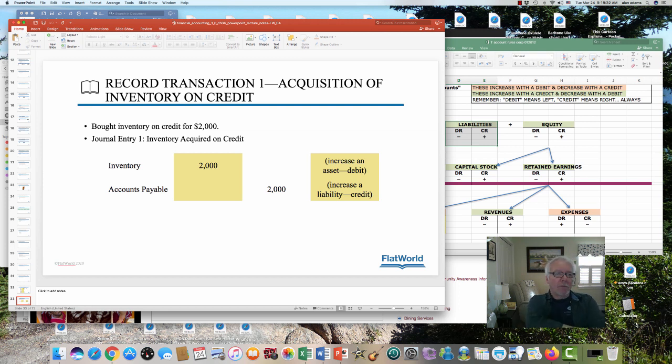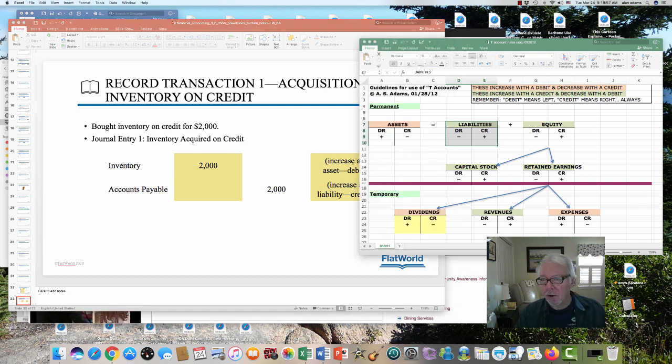So here's the first one. If you remember transaction 1, we bought inventory on credit. We know inventory increases. We know inventory is an asset, and asset accounts increase with the debit. Okay? So inventory goes up, and you can see over here, we increase an asset with the debit, and we create a liability. Why? Because we bought it on credit.